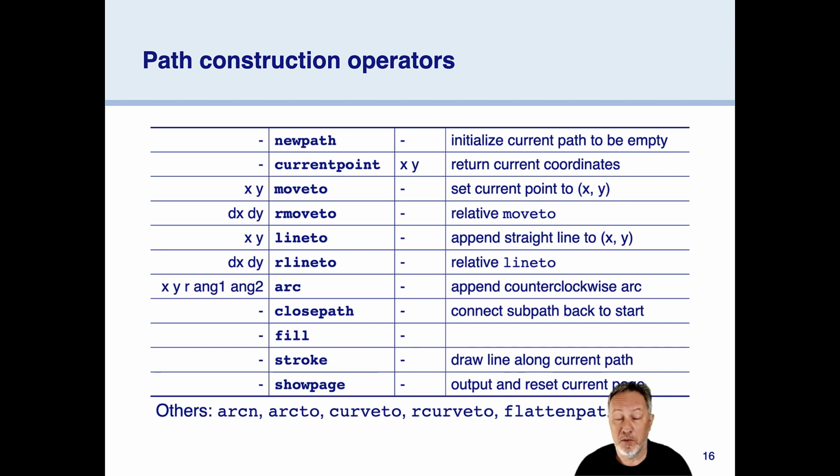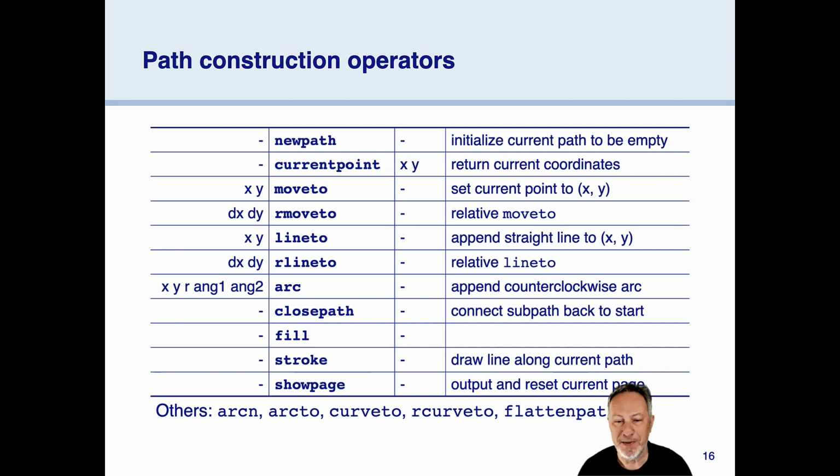If we have two coordinates, x and y, we can move to that location, or what's sometimes more useful is to move a relative distance, so instead of x and y, we can say delta x and delta y. We can also append a straight line to the path, and there's also a relative version. You can also draw an arc, which can be a complete circle or a partial arc of a circle.